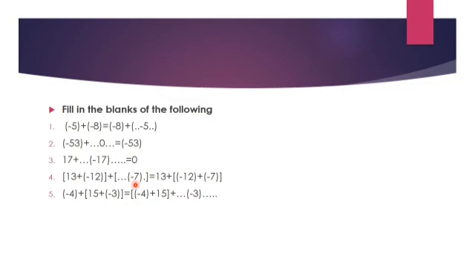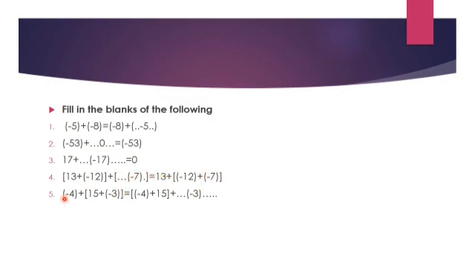You remember the associativity property, which means if we consider any three integers a, b, c, a plus b plus c is equal to a plus b plus c with the grouping changed. In this case, 13 plus minus 12 plus minus 7 is equal to 13 plus minus 12 plus minus 7 with the grouping changed. Both of them are the same.